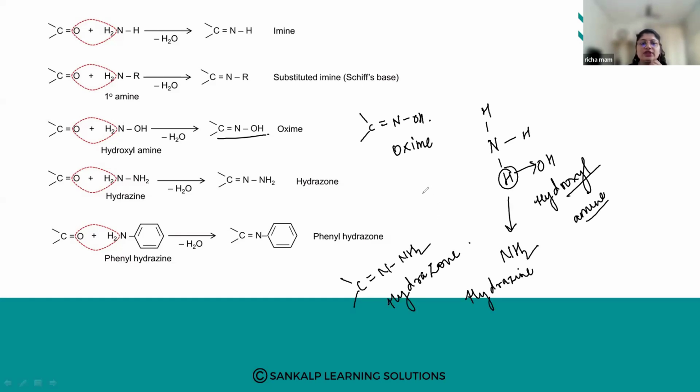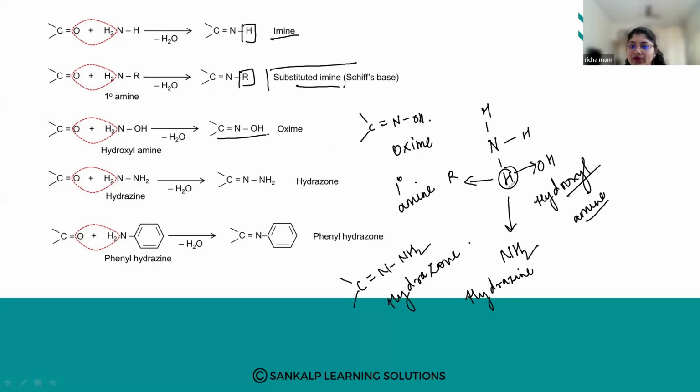These are the derivatives of ammonia. So ammonia, when it reacts with a carbonyl carbon, gives you the imine system. When one of the hydrogens is replaced by your R, you get a primary amine, and the resulting product is a substituted imine, which is called a Schiff base.